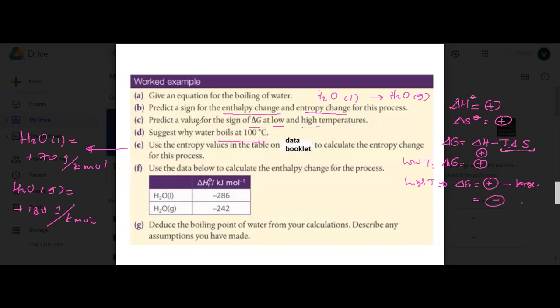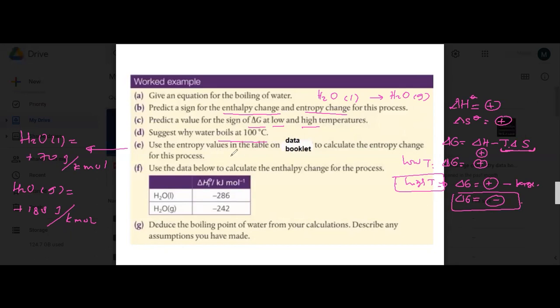You can see through C. Water only changes to the gaseous state at high temperature, since the value of delta G is negative at high temperature. I repeat once again, why does water boil at 100 degrees Celsius? Because the change only occurs at high temperature where the delta G is negative.